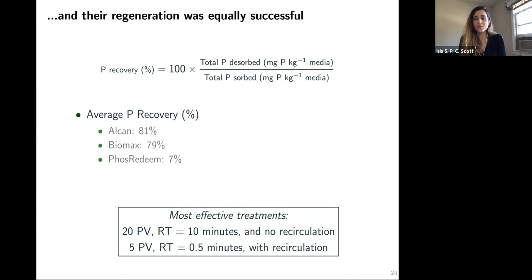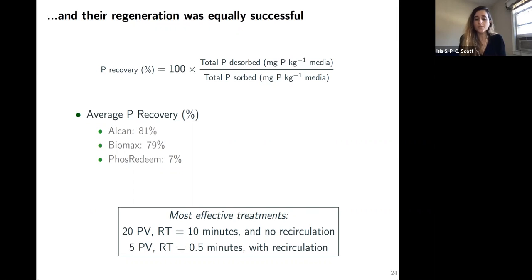And then for phosphorus, the regeneration treatment was virtually ineffective. And we attributed that to the fact that phosphorus had a high concentration of calcium in it, and its pH is much higher than Alcan and Biomax. We speculated that its dominant mechanism was calcium precipitation rather than ligand exchange reactions.